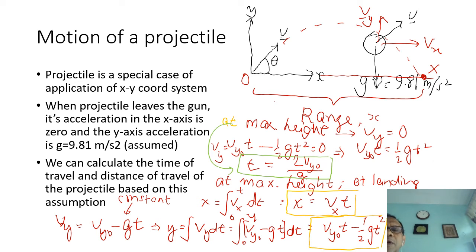So the time of flight is 2t, because it has to move up and then come back down using the same length of time. So we have time of flight is 4 Vy naught over g.